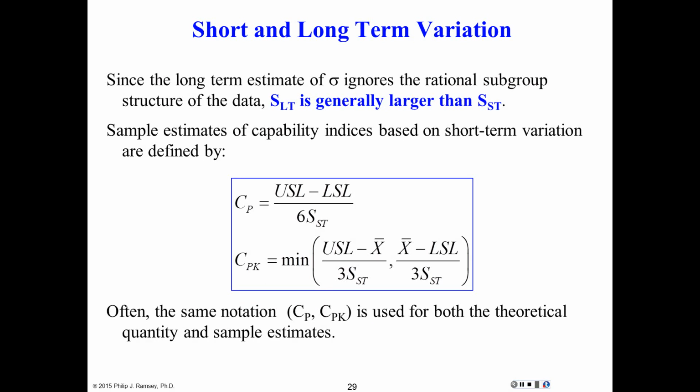Okay, so basically when we estimate the capability indices used in industries, we simply plug the sample estimates into the formulas. So mu and sigma are now replaced by their sample estimates. I mean, this is virtually what you have to do.